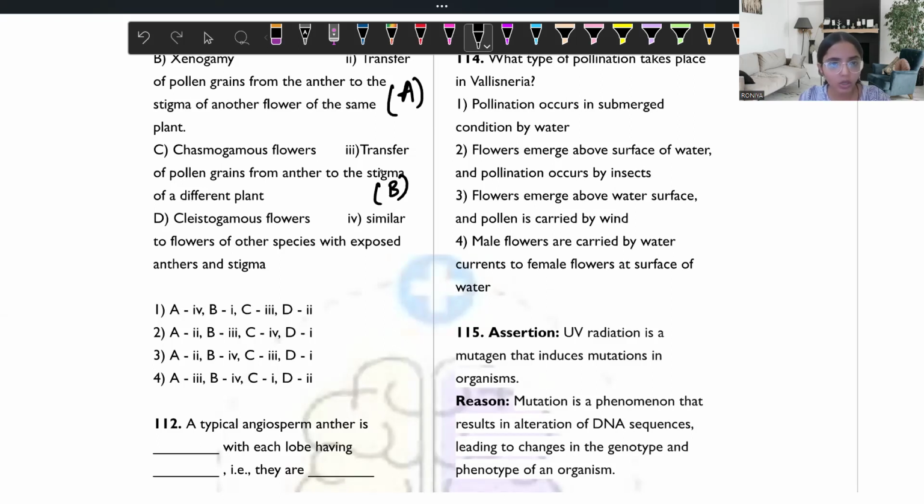Let us see, what are chasmogamous flowers?